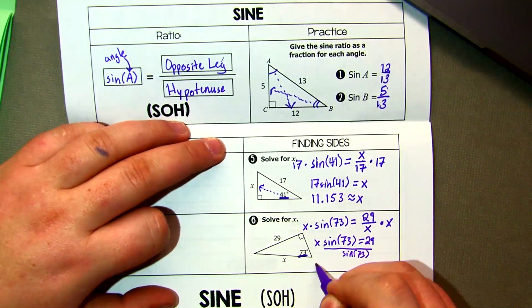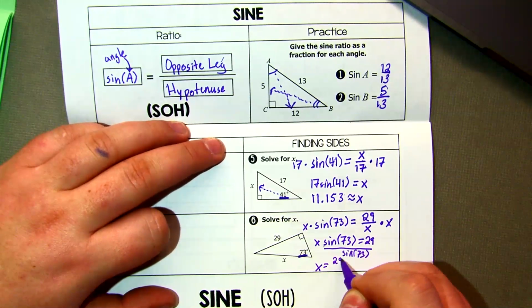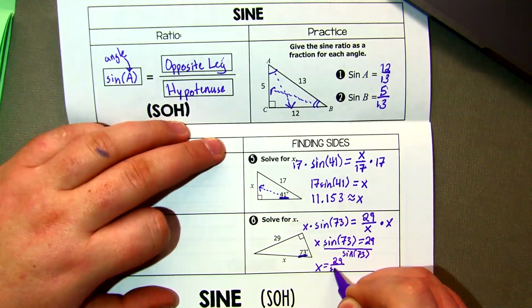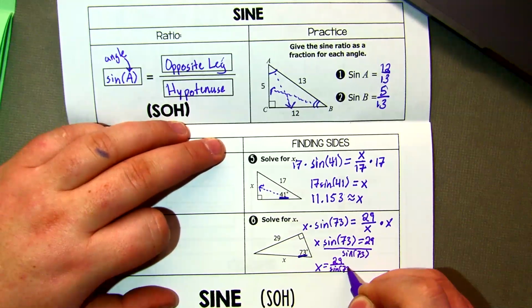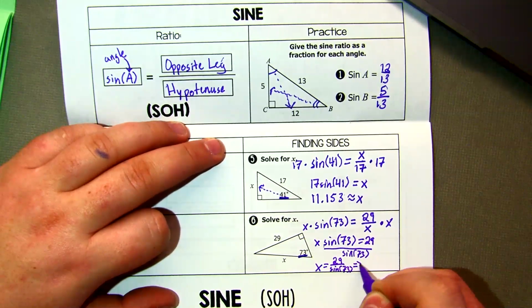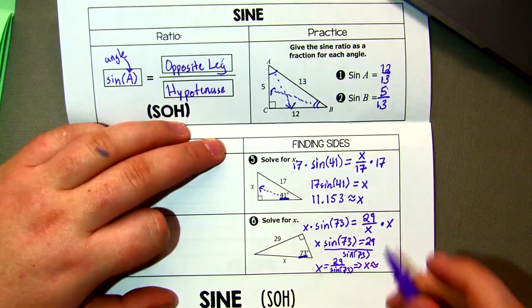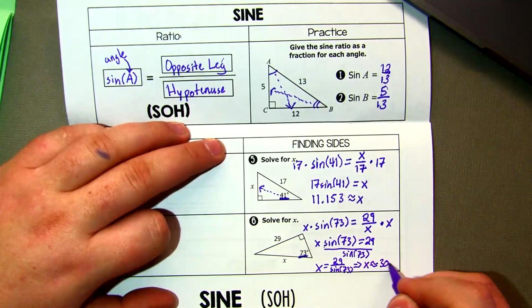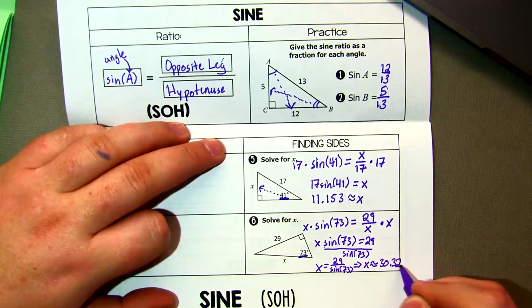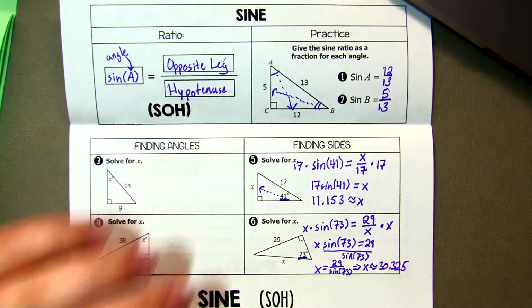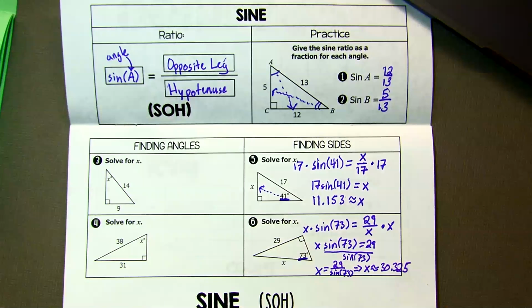We get x equals 29 over sine 73, which means x is approximately 30.325. That's the sine ratio. That's one of three we're going to cover in this video.